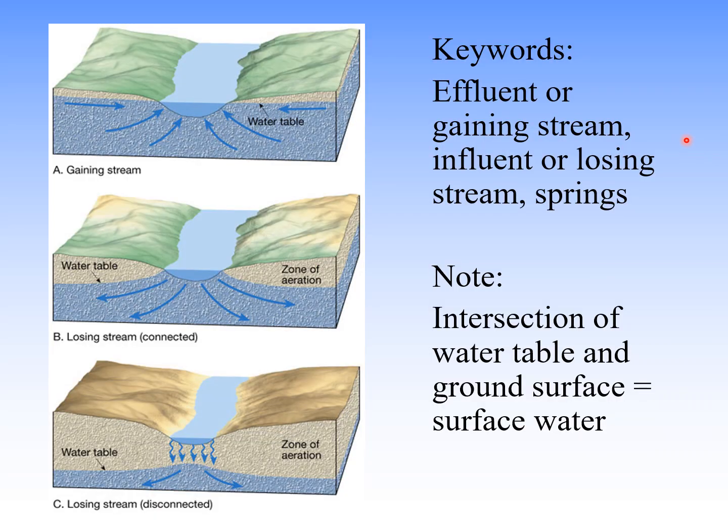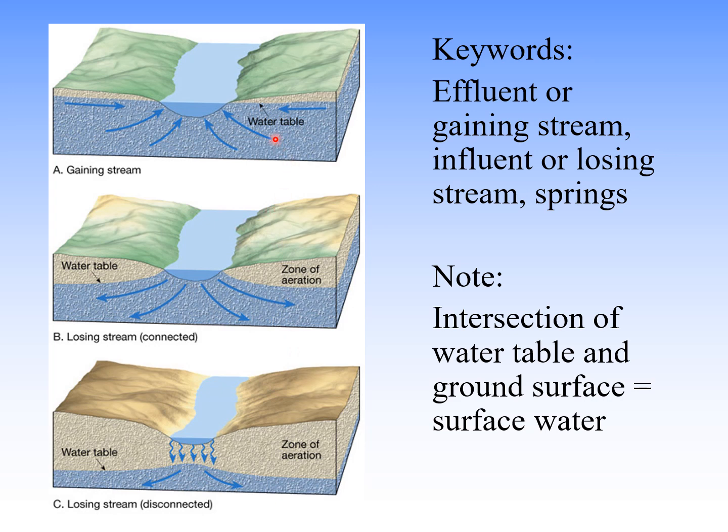When it comes to the interaction of streams and rivers with groundwater, there are two main types, and that's gaining streams and losing streams. Gaining streams we call effluent, and losing streams we call influent.